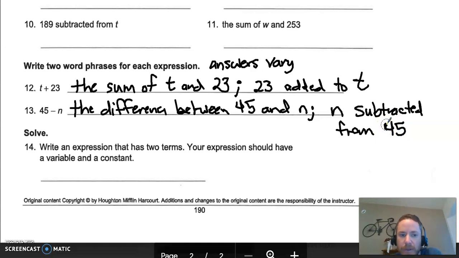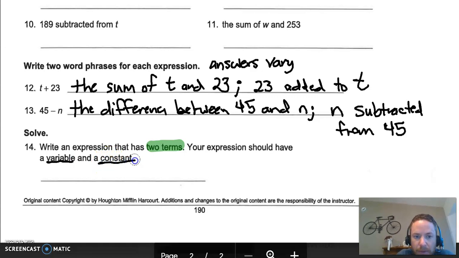And our last question. This is going to be an answer varies too. Number 14 reads, write an expression that has 2 terms. That just means 2 things, like a number and a letter. Your expression should have a variable and a constant. The variable is the letter, like x or y or n or something like that, and the constant is a number.